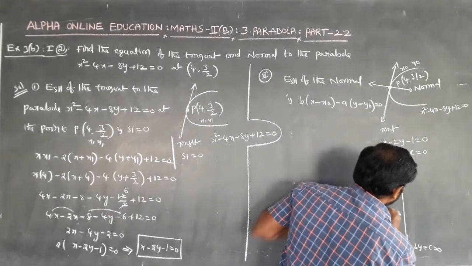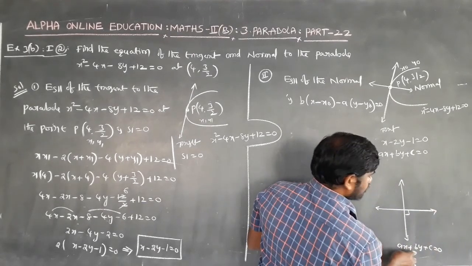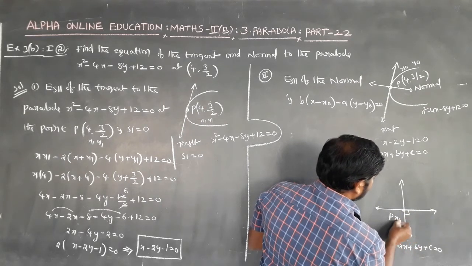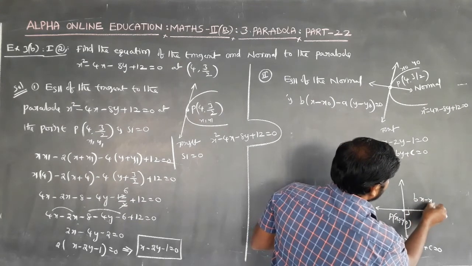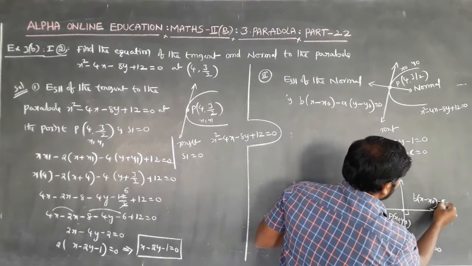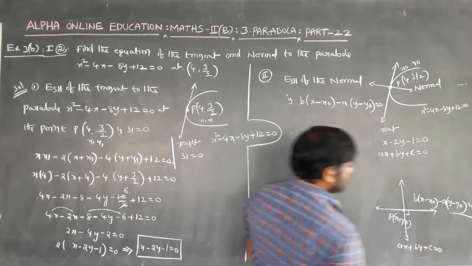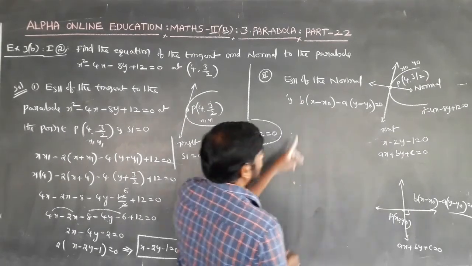This is the equation of the line perpendicular to ax plus by plus c equal to 0 and passing through the point p x naught y naught is b into x minus x naught minus a into y minus y naught is equal to 0. This is the perpendicular line formula.